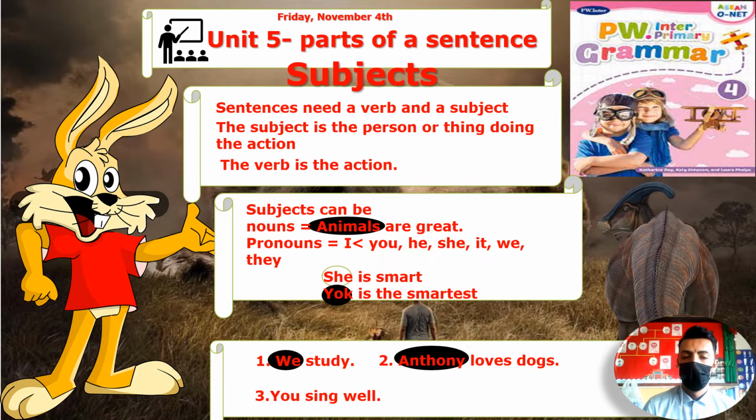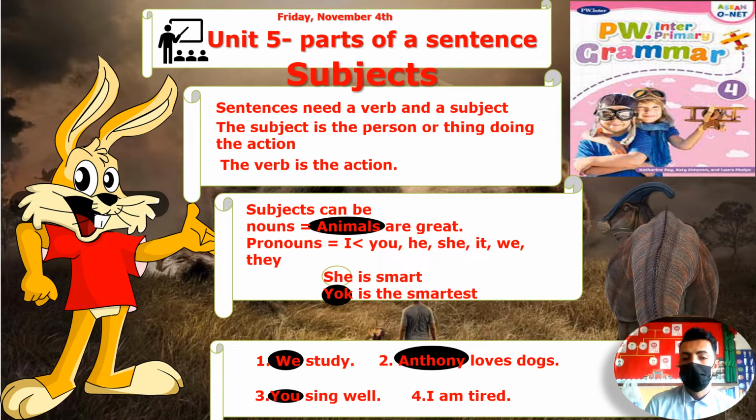Now let's take a look at this sentence. You sing well. You is the subject of this sentence. Sing is the verb. I am tired. Where is the subject in this sentence? I. And where is the verb? The verb is am. Don't confuse tired.